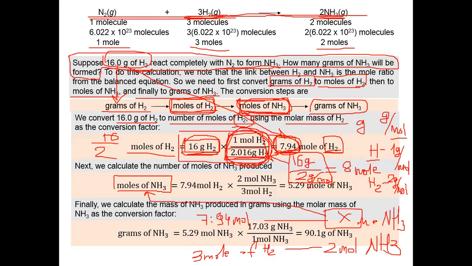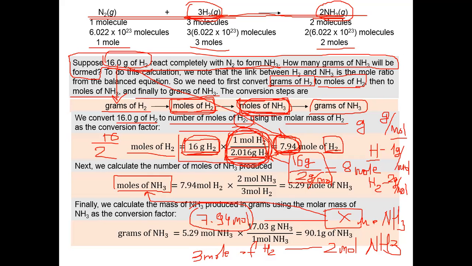Yes, it's clear. Okay, after this, from the equation we know that 3 moles of hydrogen produce 2 moles of ammonia, so 3 produces 2. With this ratio we can find the production when we have 7.94 moles of hydrogen.